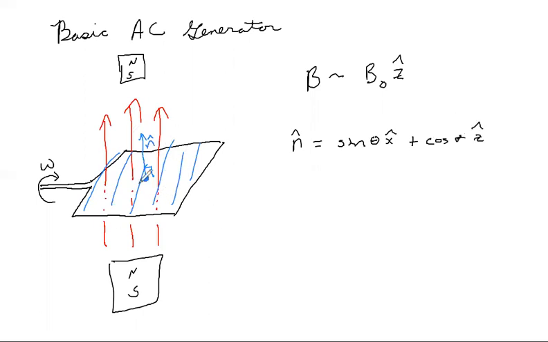So basically, every so often the normal direction and the magnetic field will point in the same direction, when theta is 0 or pi, and so on. And when it's 90 degrees, it'll point perpendicular, in the x direction.